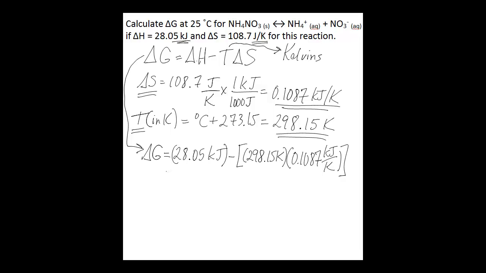And when you do the math here, what you'll find for your delta G value is that you have negative 4.359 kilojoules. So this is your answer.